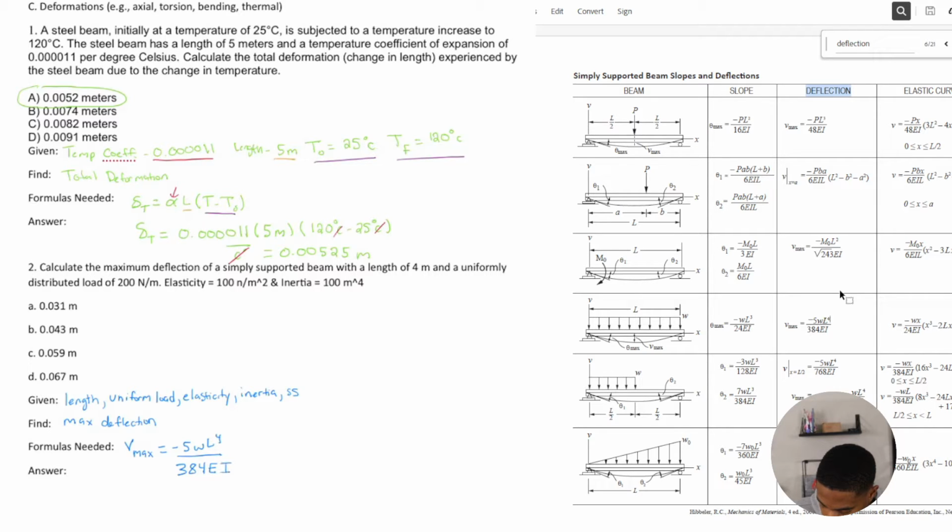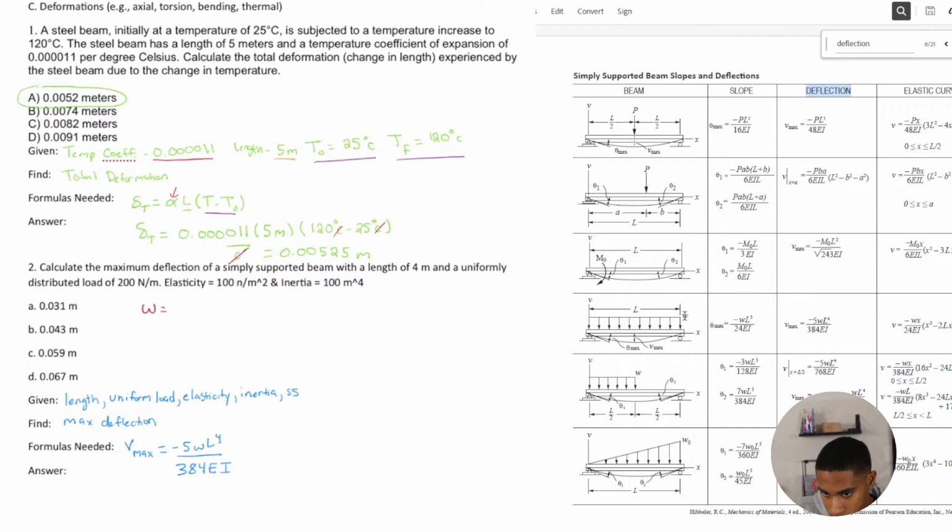EI. Okay. So let's just write out our variables up top. And I'll just write them in red so they're big and bold. So W is equal to what? Okay, from our chart, W is the distributed load here.